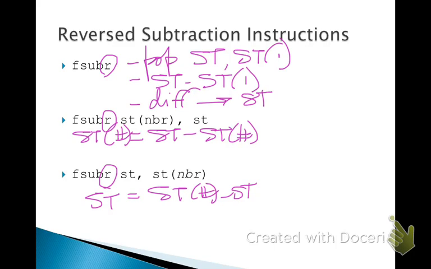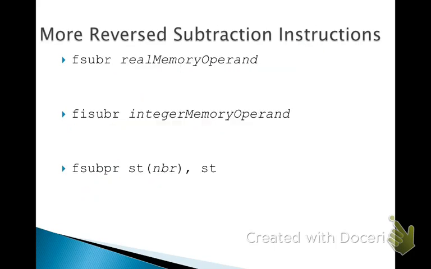Okay, a couple more. I've got real and integer memory possibilities. In this case, we are reversing. So this is going to be memory minus stack top, and the difference replaces stack top.